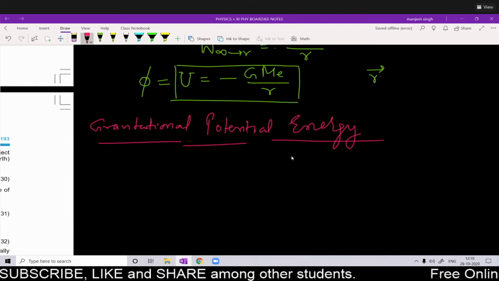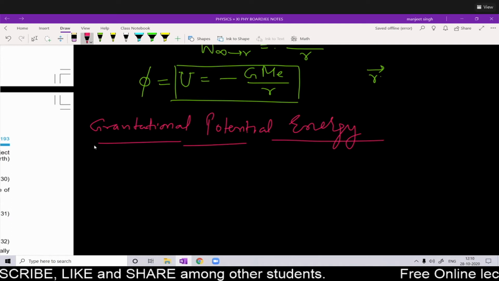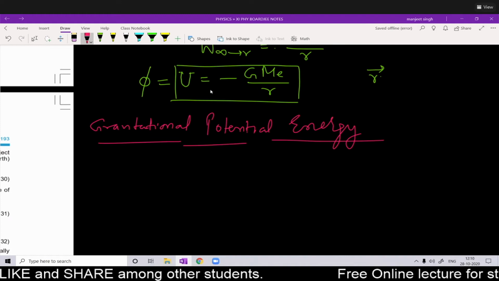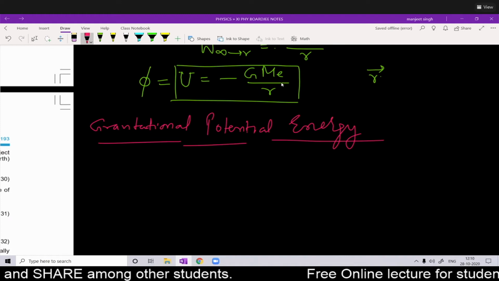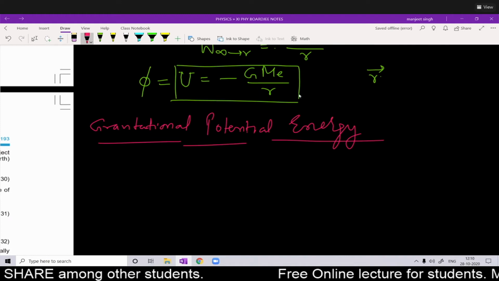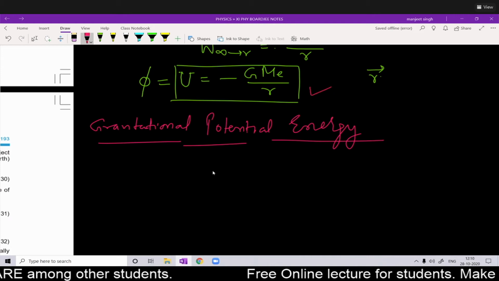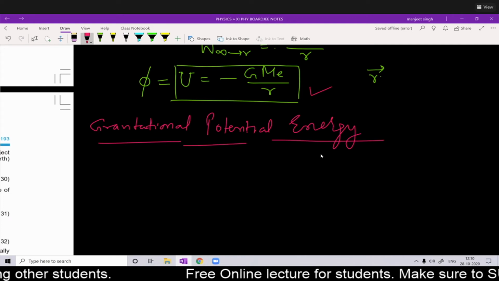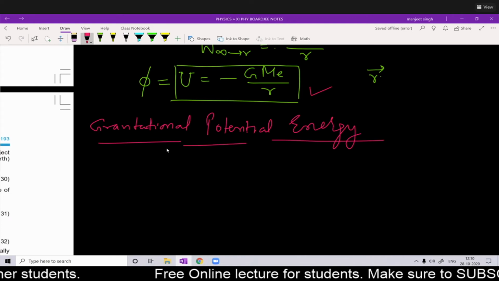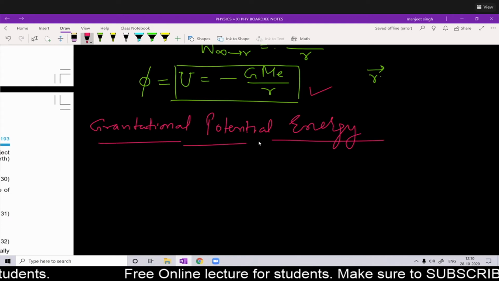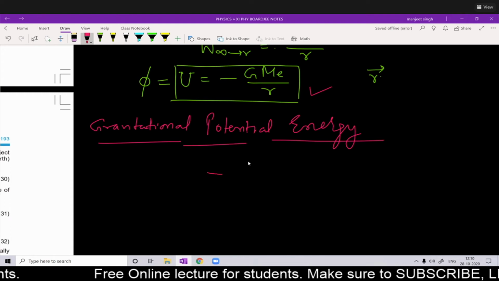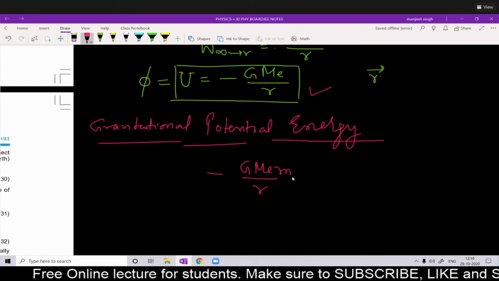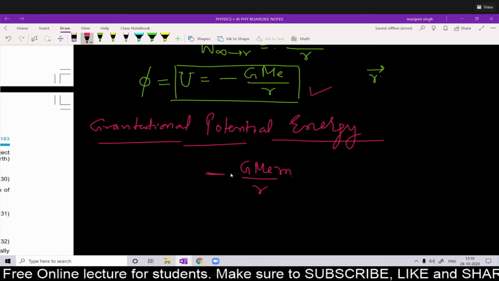So what is the gravitational potential energy? For unit mass, the work done from infinity to point P has been calculated with this expression. So for mass m, the work done will be minus GM_E upon R into m. For m mass, you can write this m.